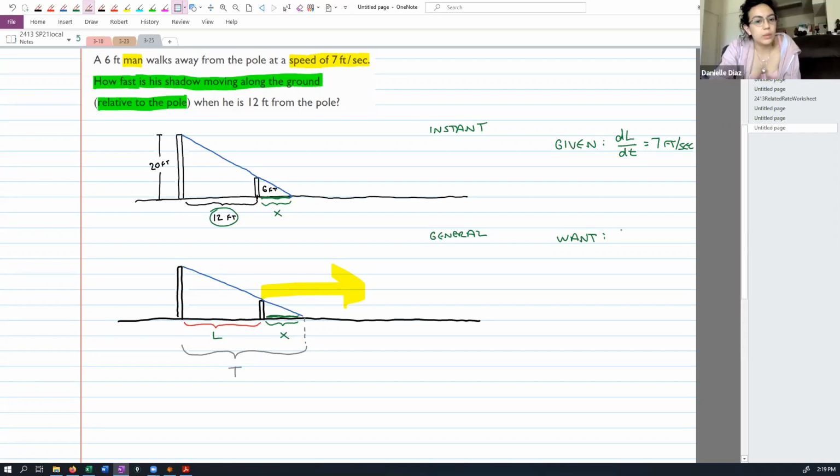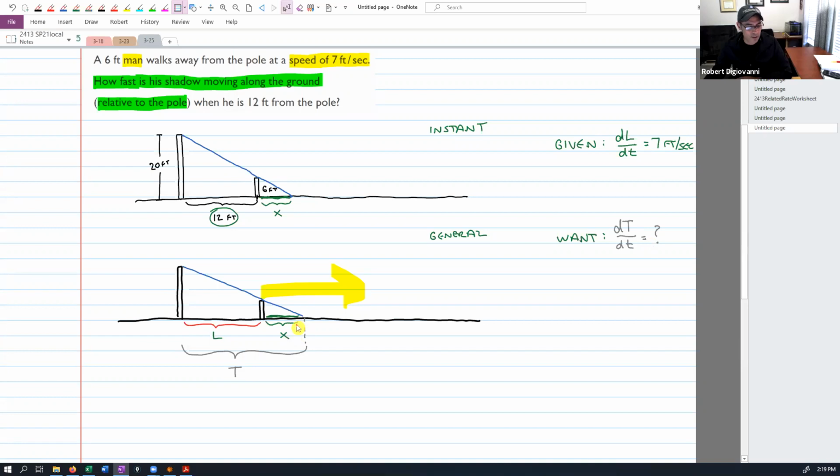Can we make two triangles? One from the pole to L and then another triangle from the man to X, and put them together. You're asking if we can create two triangles. We can, but my question to you would be, why are you doing that right now? Because I want to know the whole thing at the bottom, I guess.